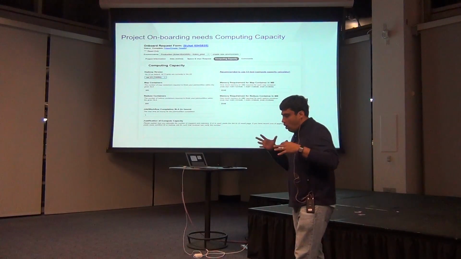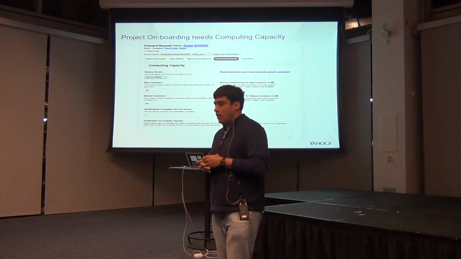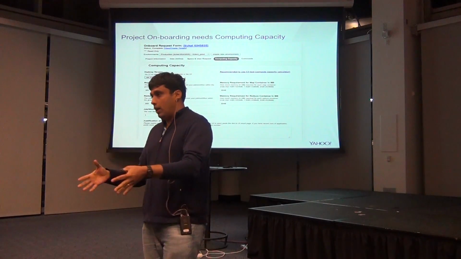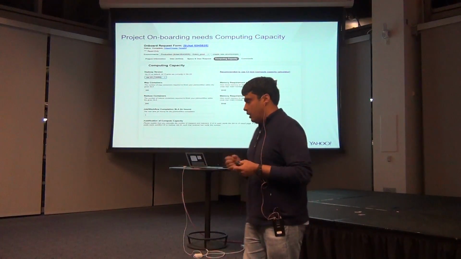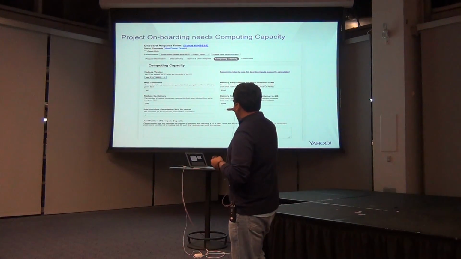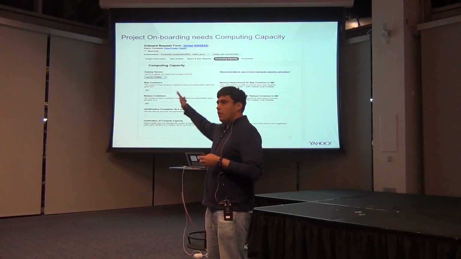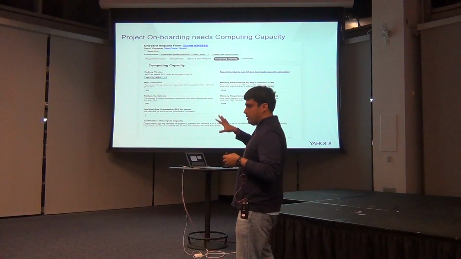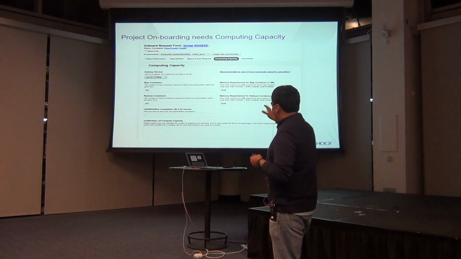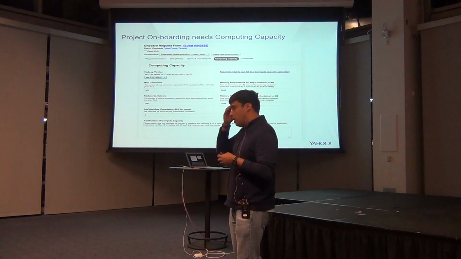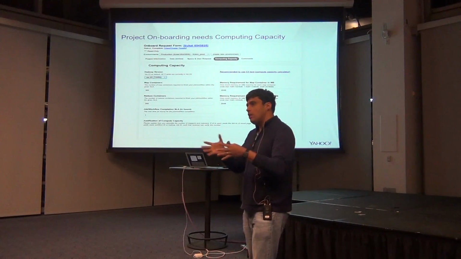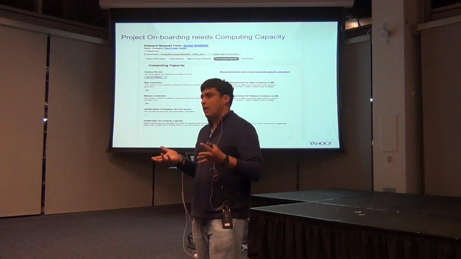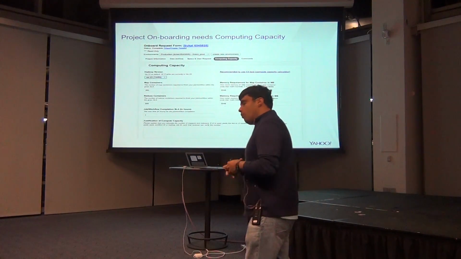So in this onboarding process, there is a particular form that people arrive at, which will basically determine the dollar amount. It will be something known as the computing capacity, and there's also another thing known as the HDFS space. But this one will tell how many map containers I need, what my memory requirement is approximately, reduce containers, and how much time you think this entire workflow will take to complete when we run it.